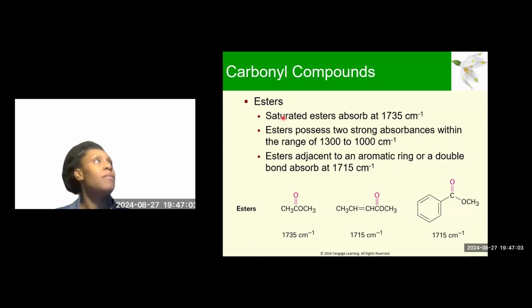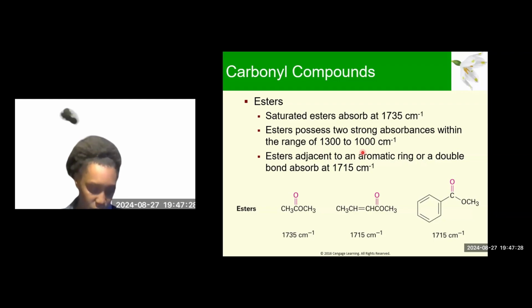Now, esters, when they're saturated, they absorb around 1735. They also have two strong absorbances within the range of 1300 and 1000, and that has to do with the carbon. My screen just disappeared. Give me a second.